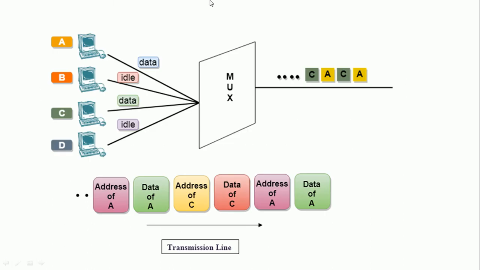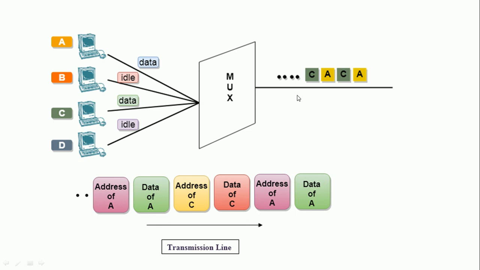Here in this diagram, we can see that the devices which have data for transmission are given the time slots. Here you can see 4 devices connected to the multiplexer, in which only A and C have data, while B and D are idle.